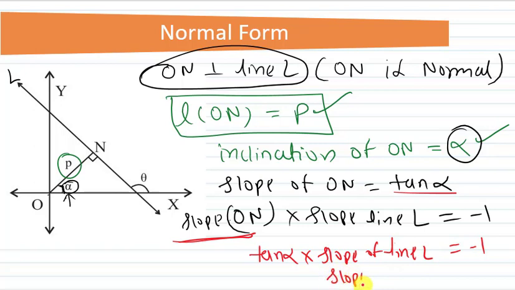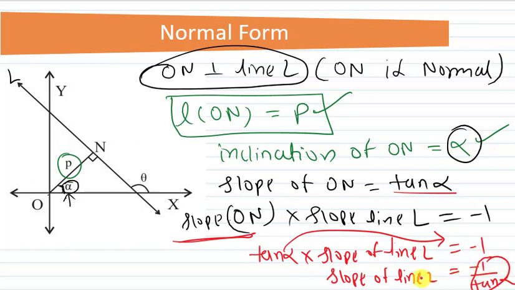That means slope of line L equals minus 1 upon tan alpha, if I take this tan to the right hand side. We know that 1 upon tan alpha is cot alpha.